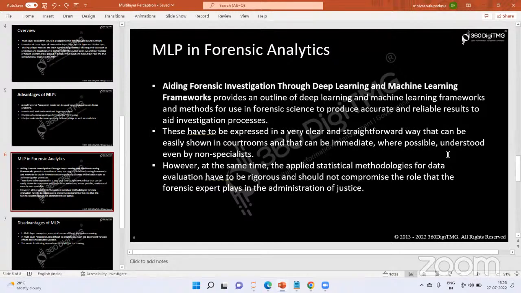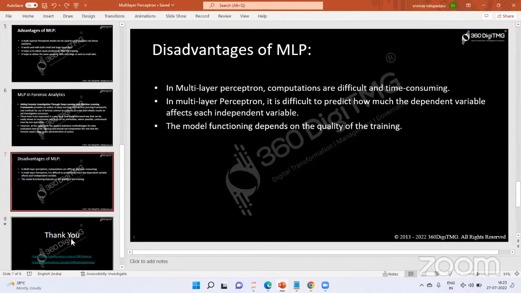Next, as we have some advantages, there will be some disadvantages. In multi-layer perceptron, computations are difficult. After getting results the computation is fine, but the computations are very difficult and time consuming, and will take more time.